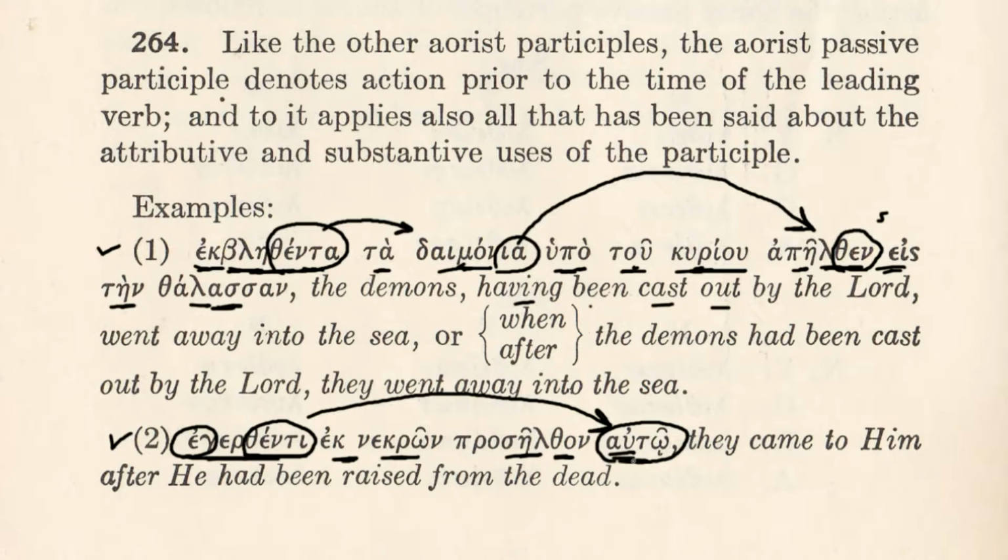Now, I'm going to have to clarify in my English translation that it's him who was raised up from the dead. So I'd probably render it something like, after he had been raised up from the dead, they went to him, you see. So the translation needs to be clear so you don't leave an ambiguity as to who it was that had been raised up from the dead.